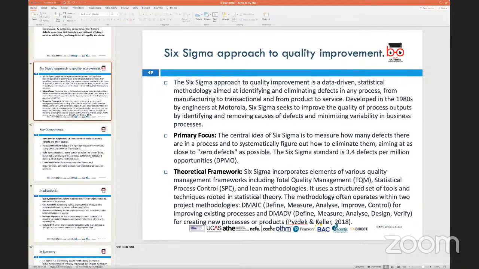And when we look at employing this, it basically conforms to what is called define, measure, analyze, improve, and control, which is called DMAIC.